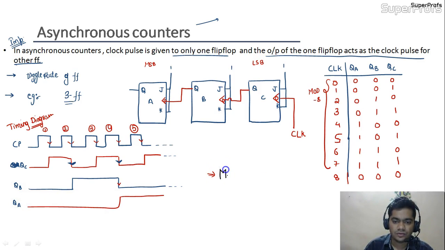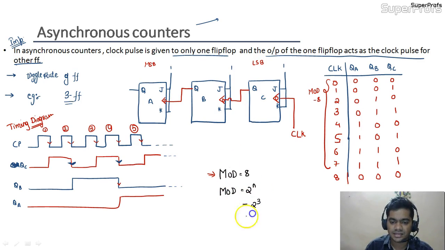The mod value is equal to 8, or we can say the mod value can be derived from 2 raised to the power n, where n is the number of flip-flops. The number of flip-flops is 3, so the mod value is 2 raised to the power 3, that is 8. It means 8 states are available and we can count up to 8 clock pulses from this asynchronous up counter.